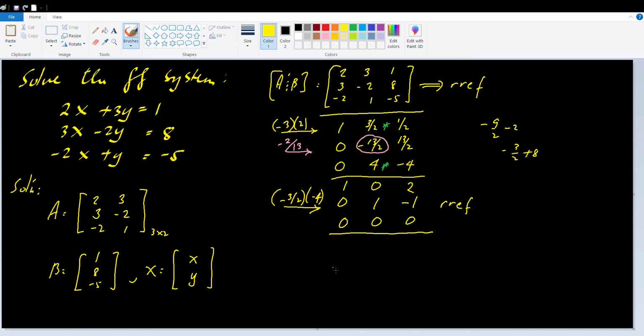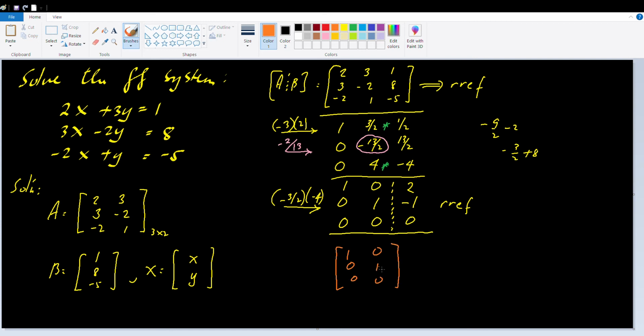So, we shall rewrite the system. This is actually the augmented matrix. So, the system corresponding to this will be 1, 0, 0, 1, 0, 0. Okay?